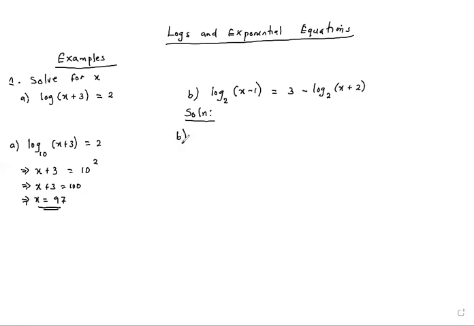So for B, since we have log 2 on the left and another log 2 on the right, bring it to the left to come as a positive, and then we have everything equal to 3. But we know that when there's a plus, there's a law which says you can bring these together by multiplication.